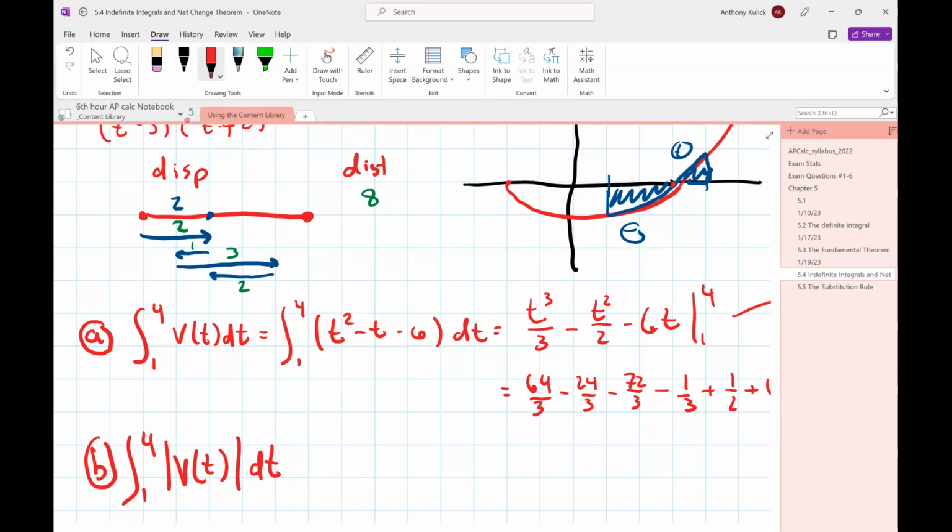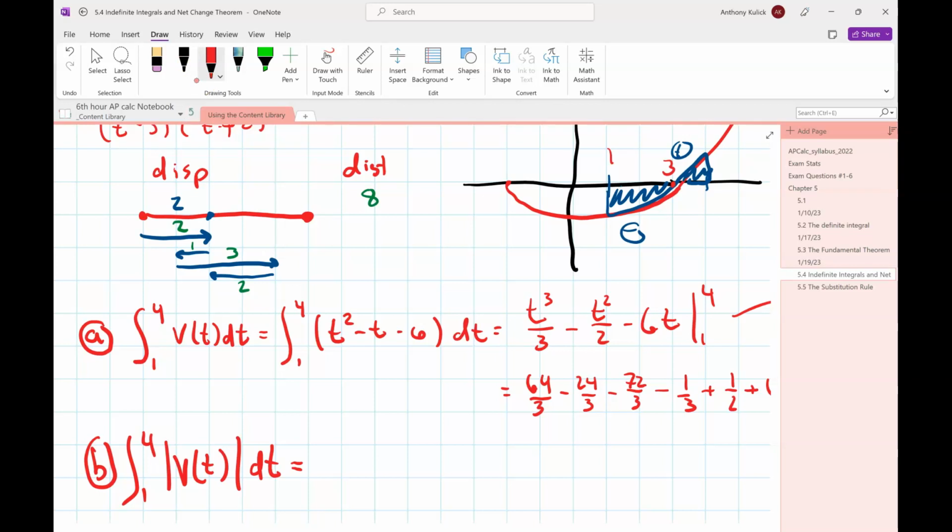Now, do we have an antiderivative formula for an absolute value of a function? No. So what we're going to do is take the part of my integral that's negative. What part of my integral is negative? 1 to 3, right?